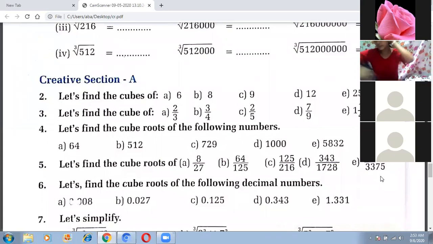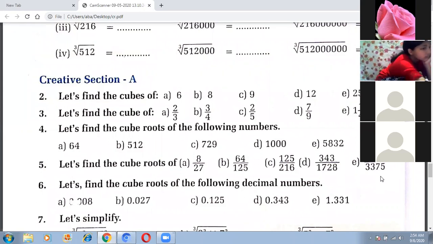Yes or no? 8 is 2 cube, 1000 is 10 cube. 10 into 10 into 10 is 1000, 2 into 2 into 2 is 8. So you write cube root of 2 cube upon 10 cube.